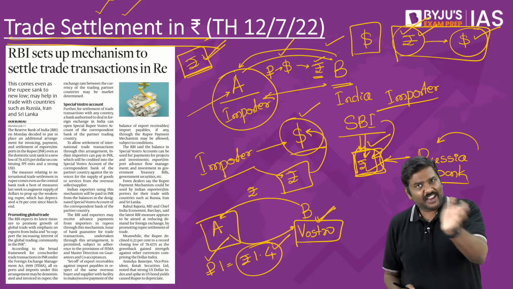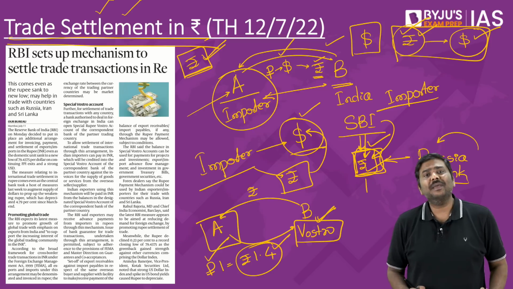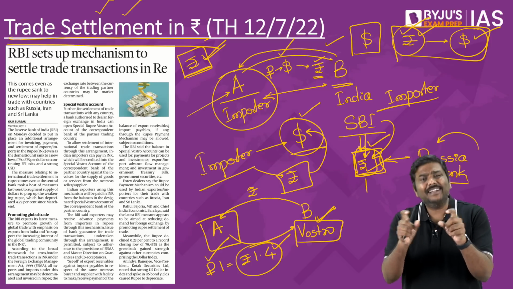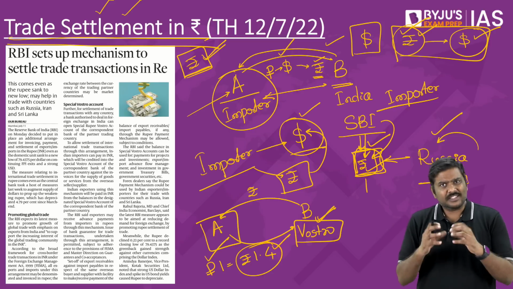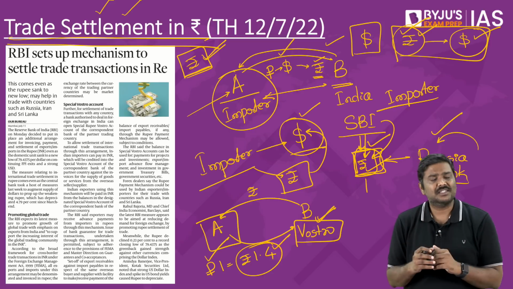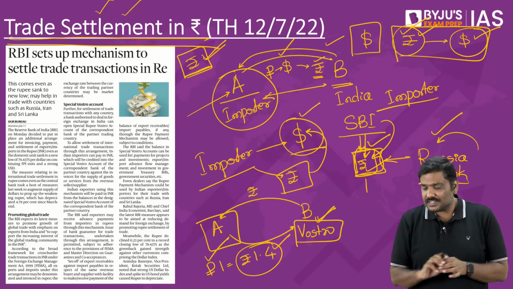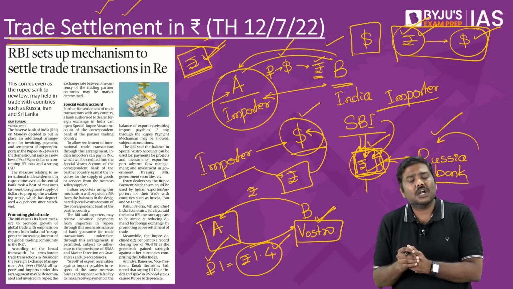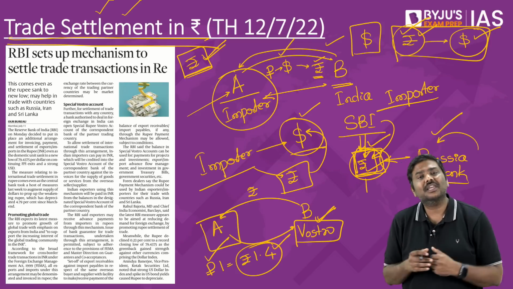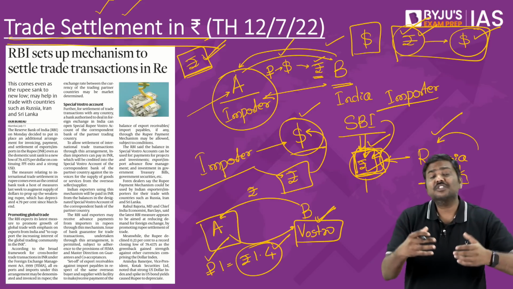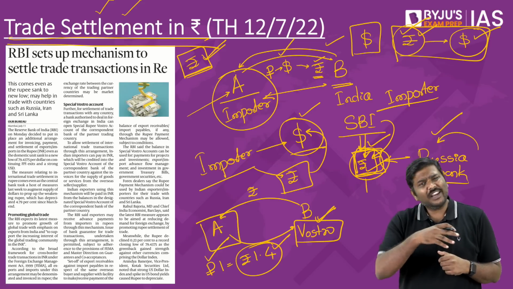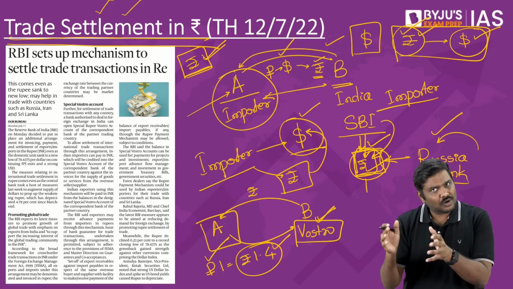And on the other hand, if I export and receive, let's say, 1 rupee, what will happen to the net outcome? The net outcome is simple. The Russian exporter is supposed to have this extra 40 paise, and this amount, which is a net rupee balance in the Vostro account, can be invested in government securities, can be utilized to make payments for various investment projects, and can also be used for current as well as capital account transactions.